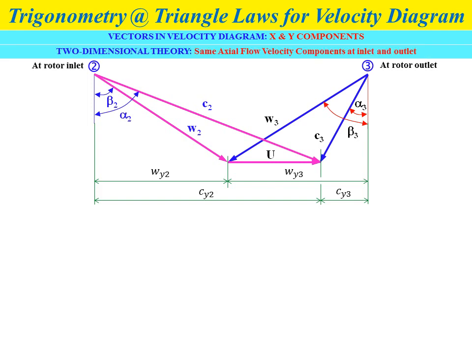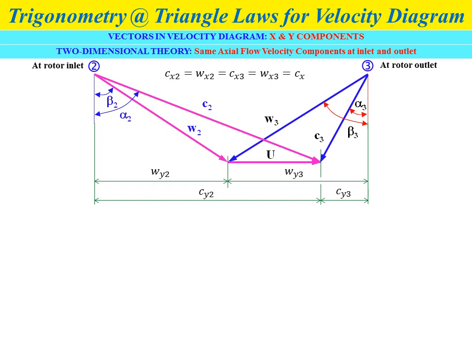And when we implement the third condition for the velocity diagram, which is referred to as the two-dimensional theory condition, we assume the same value of axial flow velocity component at the inlet and at the outlet. By implementing this condition, the value of the x direction component for all vectors in the velocity diagram will be equal.